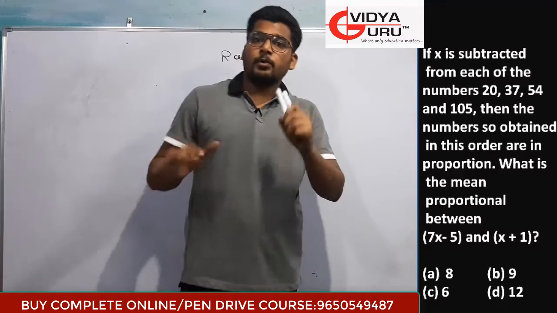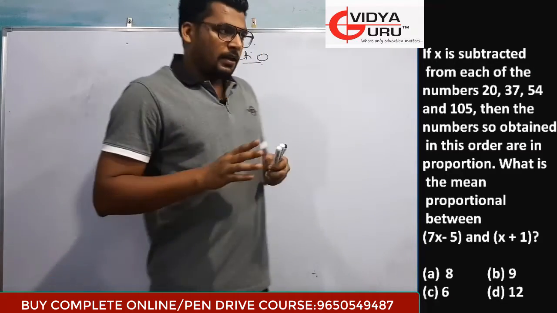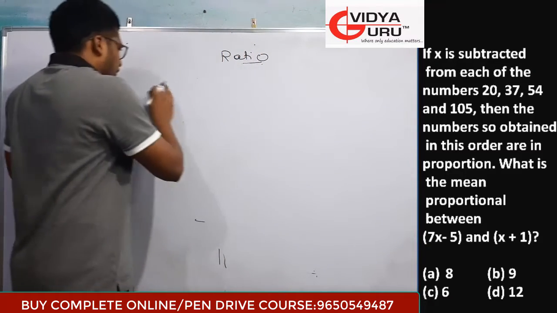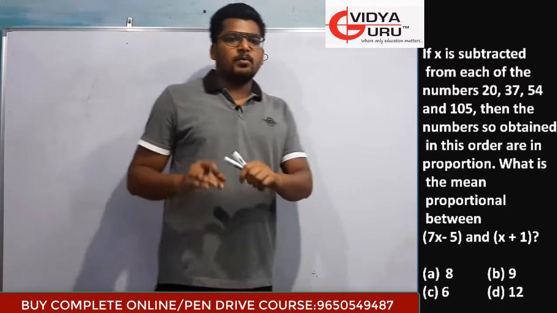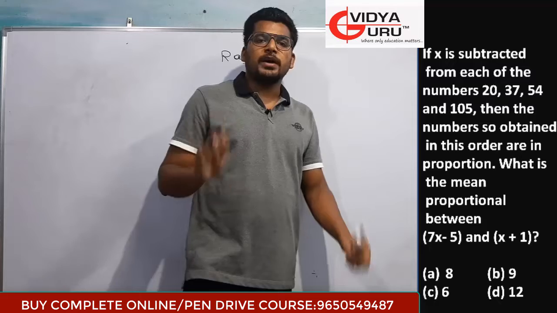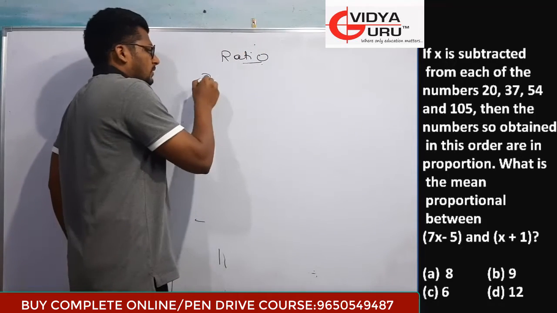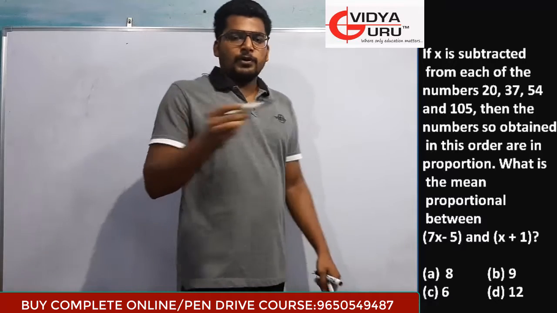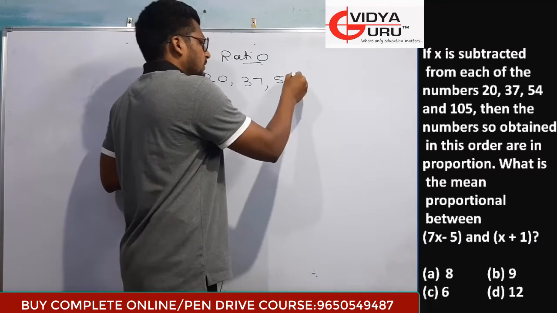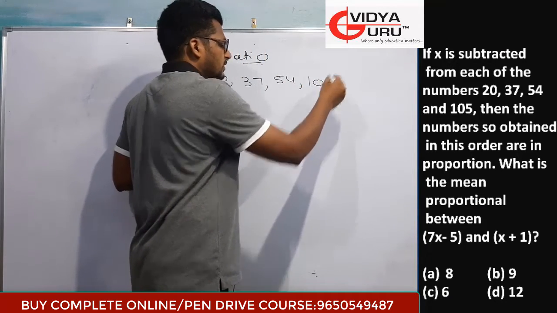Now this is a very important question, and if you apply the basic method on this question, this will become very lengthy. Very lengthy means very lengthy. What is the question? 20, 37, 54 and 105. These are 4 numbers.